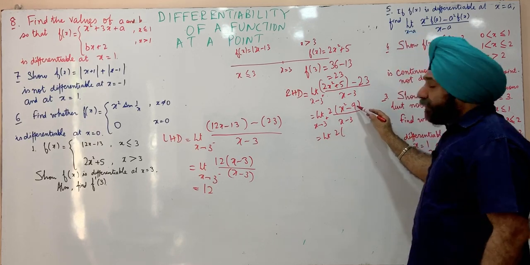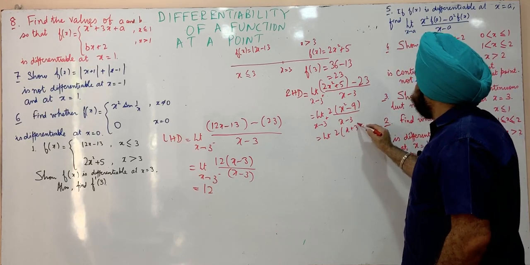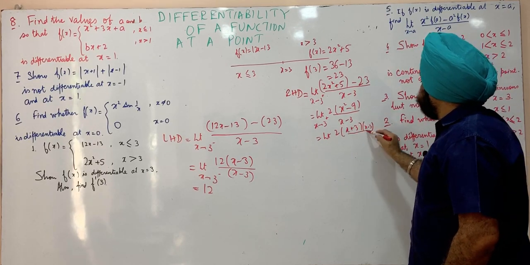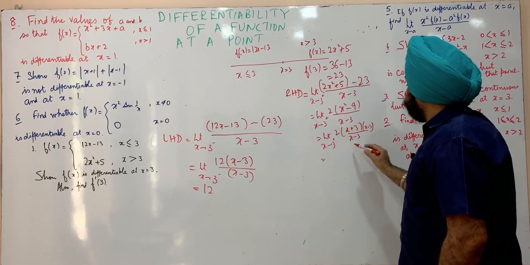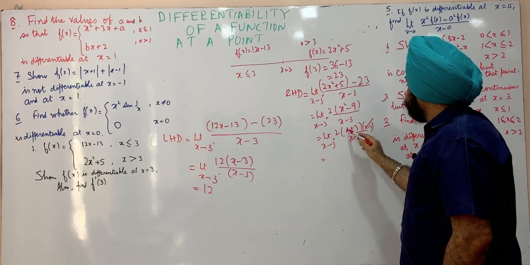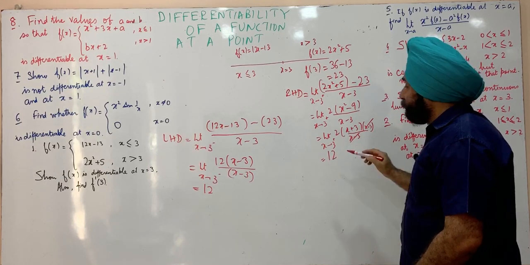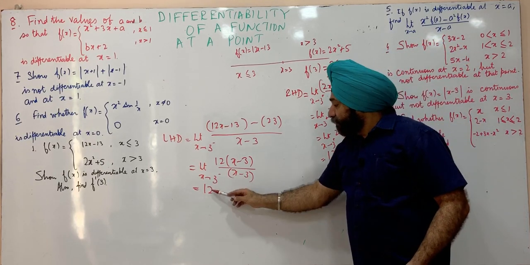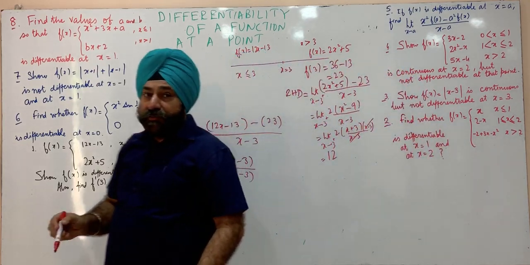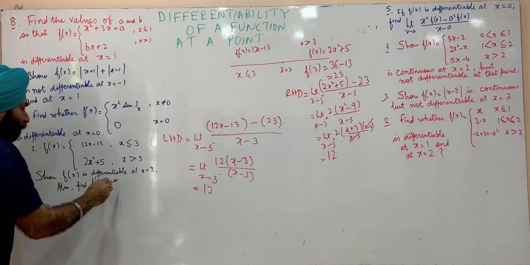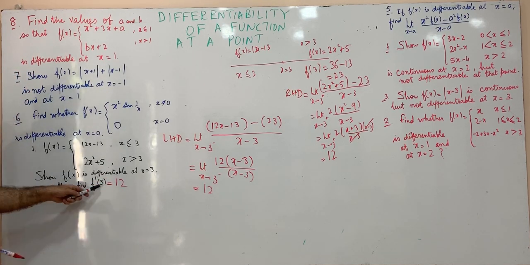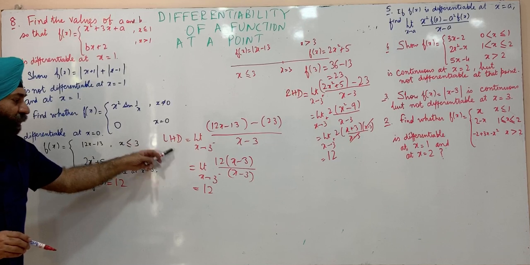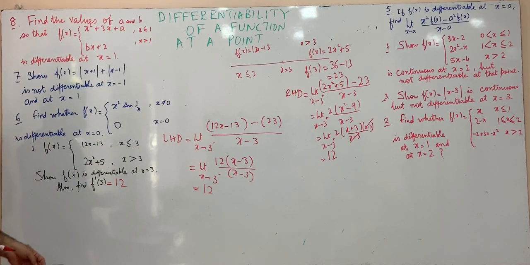We factorize this: x plus 3 into x minus 3, as x approaches 3 plus. So this cancels out, 3 plus 3 is 6, into 2, this is 12. The left hand derivative is 12, the right hand derivative is also 12. So we can say the function is differentiable and the value of f dash of 3 is 12. Whatever is the value of the left hand derivative equal to the right hand derivative, that is f dash of 3.